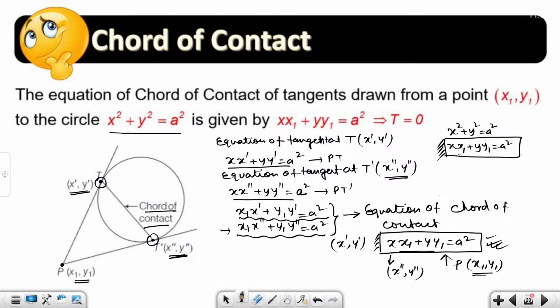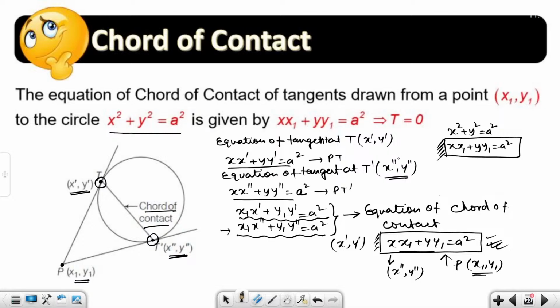But in case of the Cartesian equation of the tangent, your x1, y1 is on the circle. Don't get confused here. The tangent equation and the chord of contact equation are the same, I admit that. But for the chord of contact, the point is outside the circle. For the tangent, the point is on the circle. Is it clear? Very good.